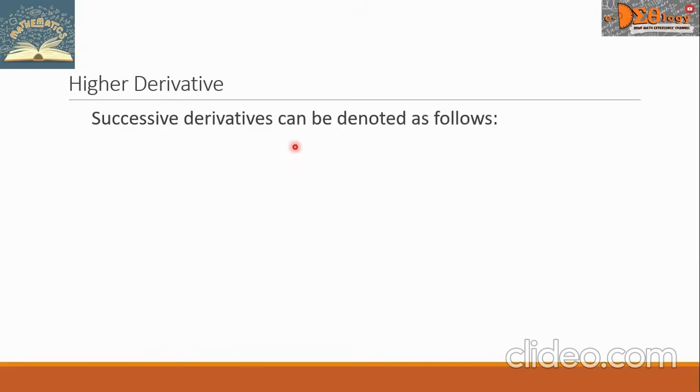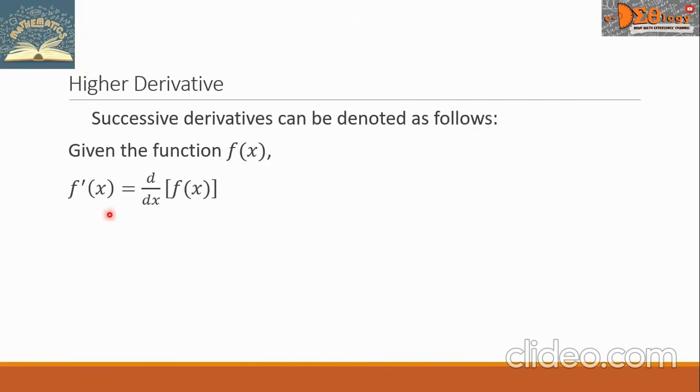Successive derivatives can be denoted as follows. Given the function f of x, f prime of x equals d over dx of f of x. This is the first derivative.